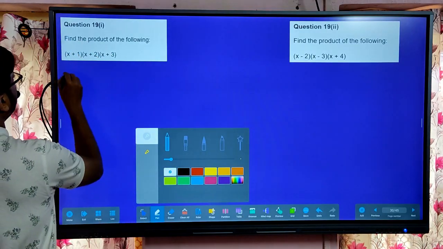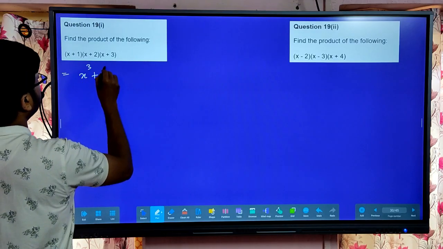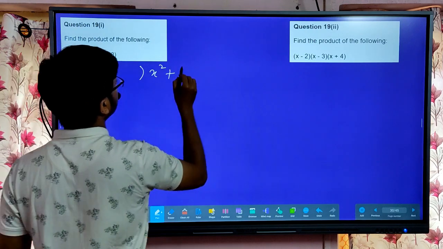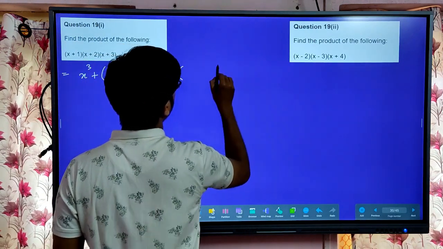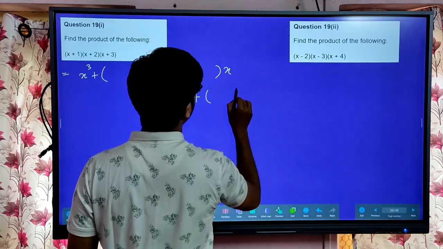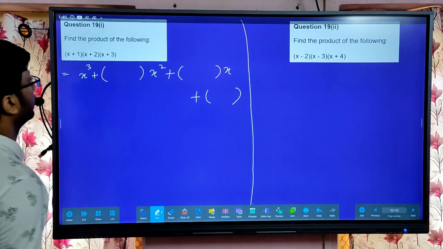The first term will be x cube plus x square plus x and plus the product. I will leave some space for the next problem.